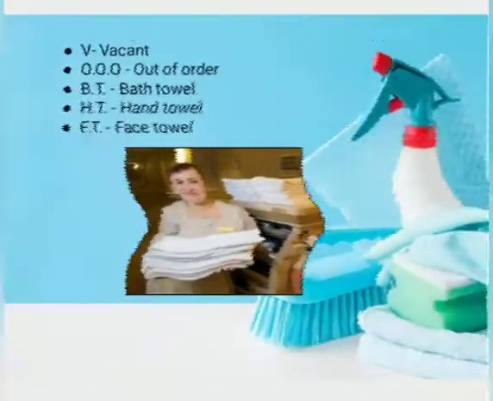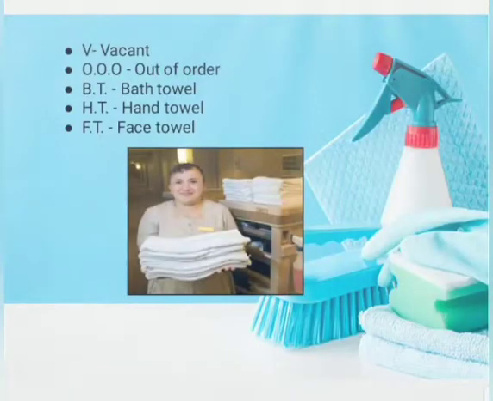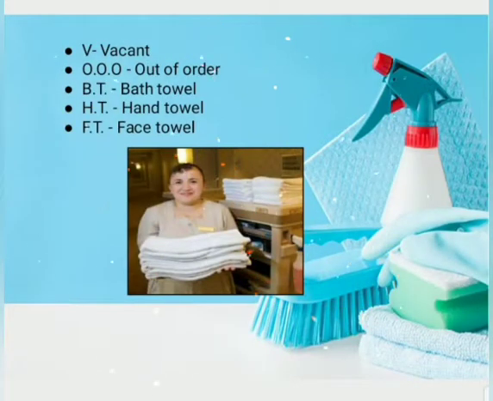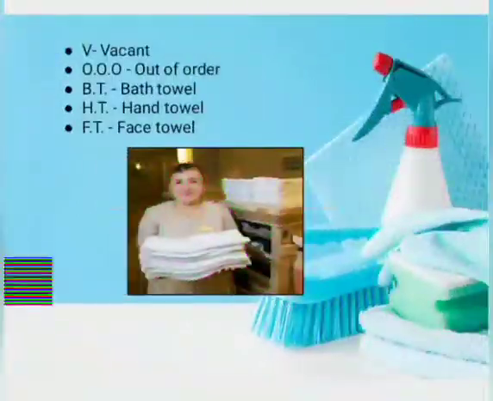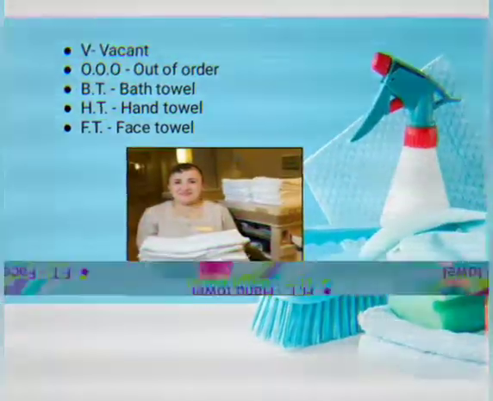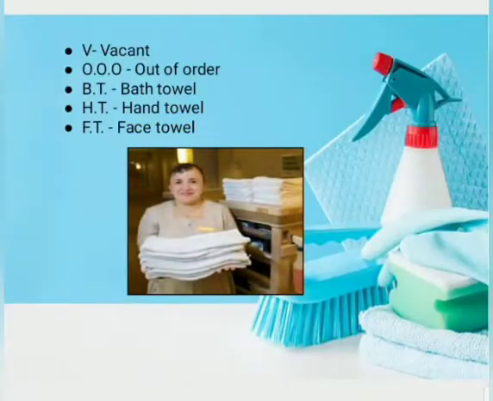So next, vacant. Vacant stands for V, as in letter V, usually a space not yet occupied by guests or clients in such establishments. Letter O stands for out of order.